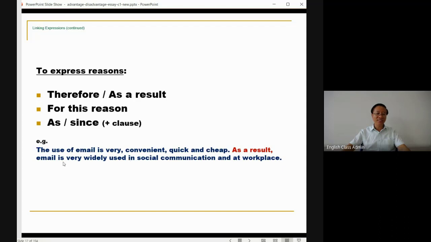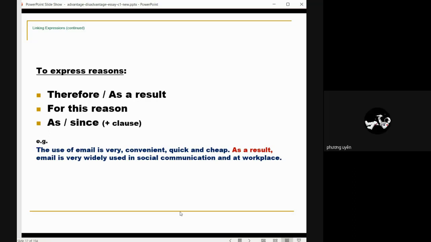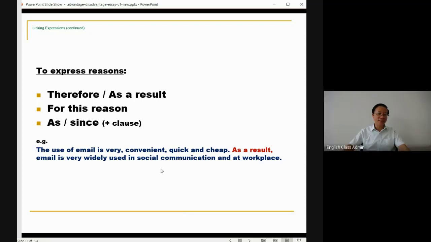Phương Uyên, say aloud the example, please. The use of email is very convenient, quick, and cheap. As a result, email is very widely used in social communication and at the workplace.